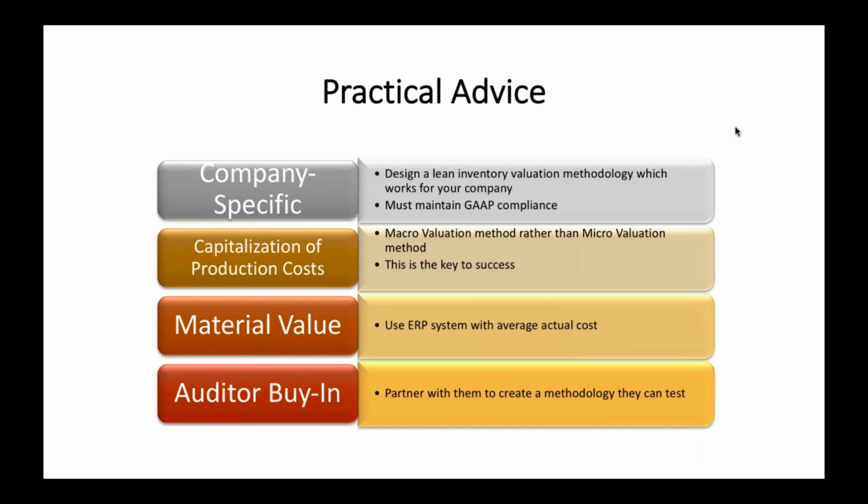And finally, get auditors to buy in on this. I worked with our auditors for a few months. I told them what I wanted to do before the year end. I wanted to go to a simple system and turn off labor and overhead rates. And so we created a few different methodologies.